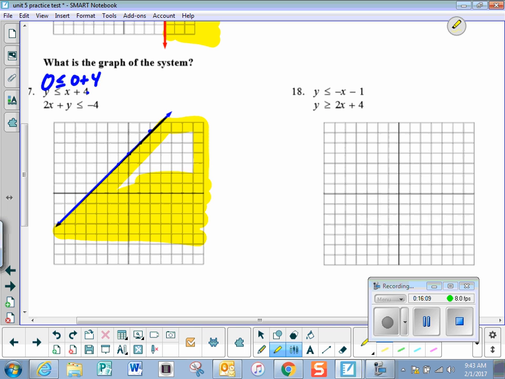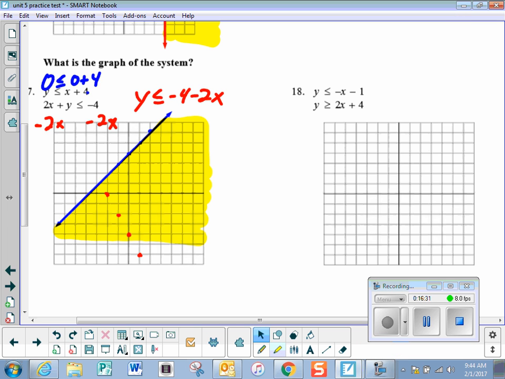Okay? Then I got my second line. I need to get y alone first, so I subtract 2x from both sides. So I get y is less than or equal to negative 4 minus 2x. Y-intercept is negative 4. The slope is negative 2 over 1, or positive 2 over negative 1.